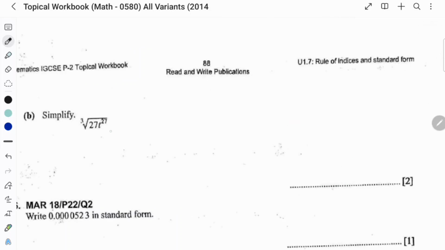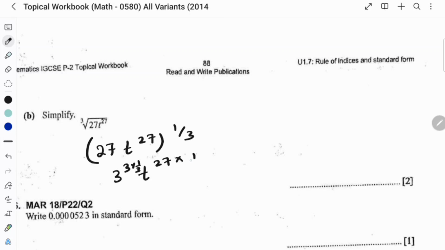Look at this question. Cube root of 27 t to the power 27, and you know the calculator is not allowed, so you can write down 27 t 27 whole power 1 over 3, so 3 cube t 27, and then into 1 over 3 and into also 1 over 3, so 3 and 3 get cancelled, only 3 will be left, and 3 times 9 is 27, so t to the power 9, 3t9 is the answer.